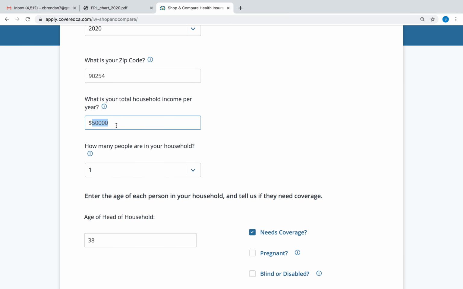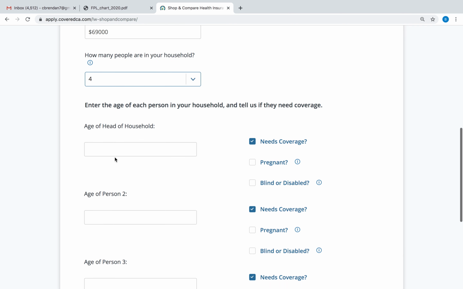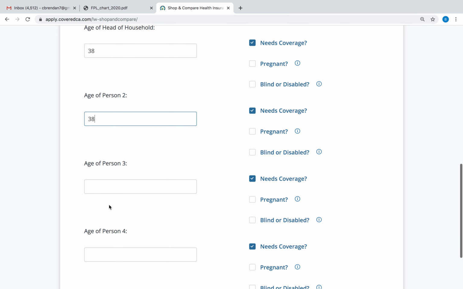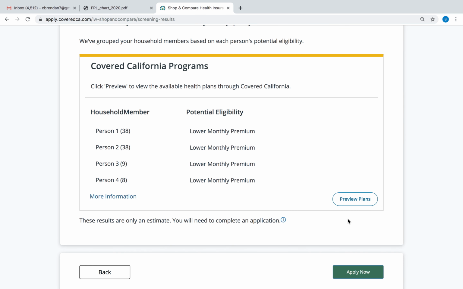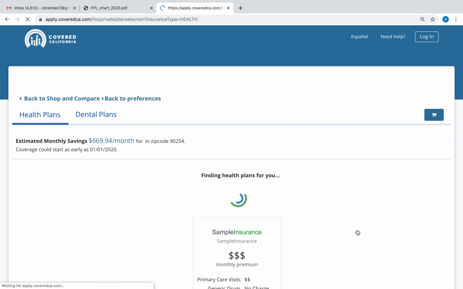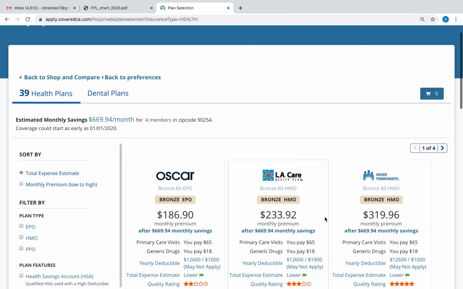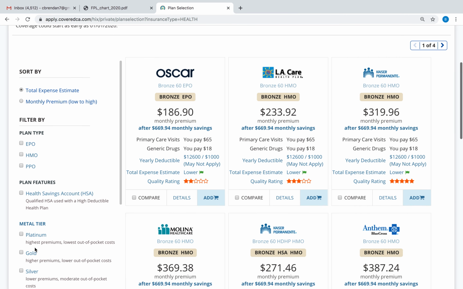Okay, we'll use 69,000. Family of 4. See, everyone qualifies for Covered California, all four. And as you can see here, that's the tax credit that the family is getting.